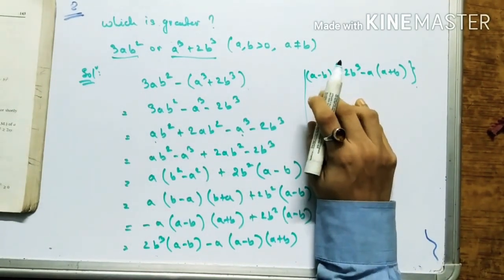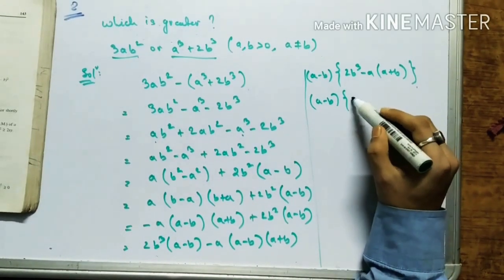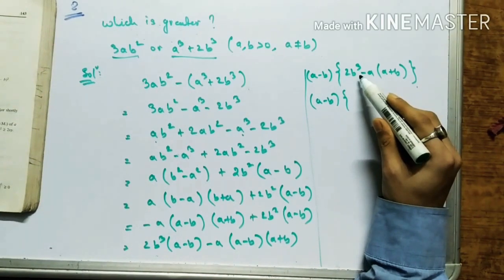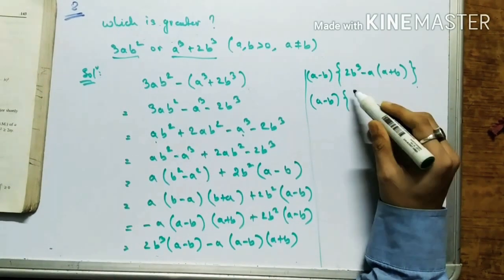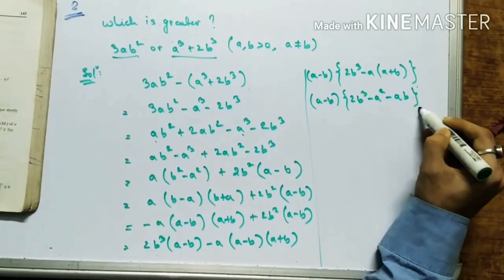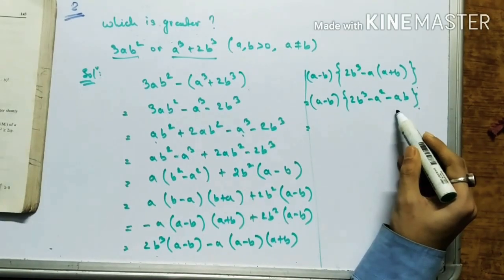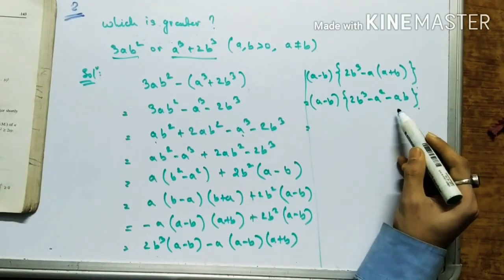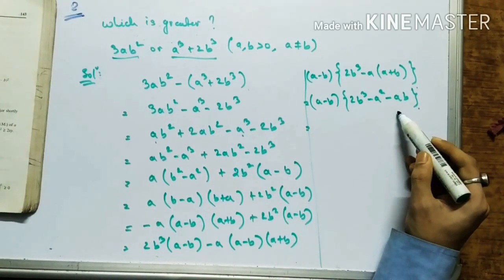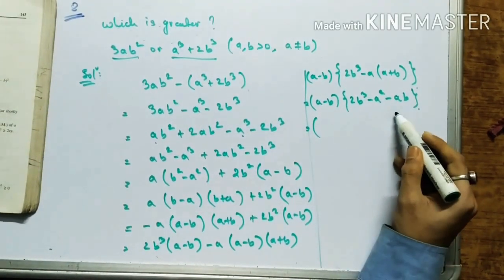So now in here you see, a minus b, this one 2b square there.